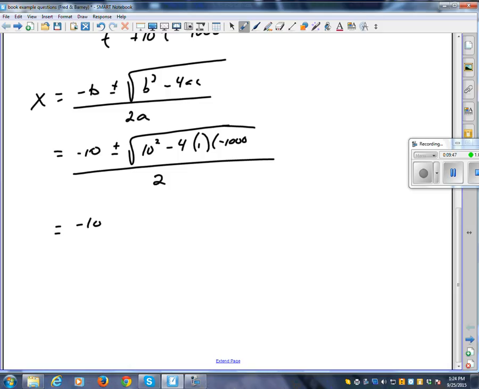Minus 10 plus or minus, we might be able to do this. 10 squared is 100. Minus 4 times 1 is just minus 4. Minus 4 times minus 1,000 is plus 4,000, right? 100 plus 4,000, so it's square root 4,100 all over 2.